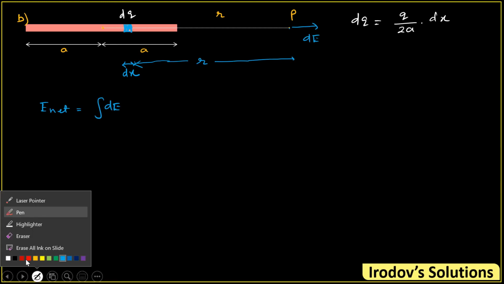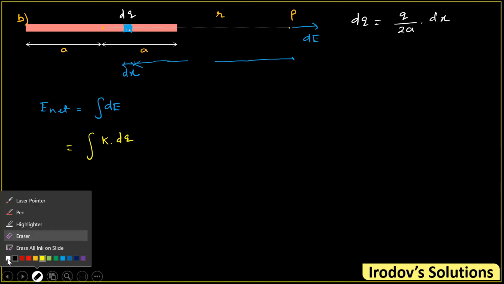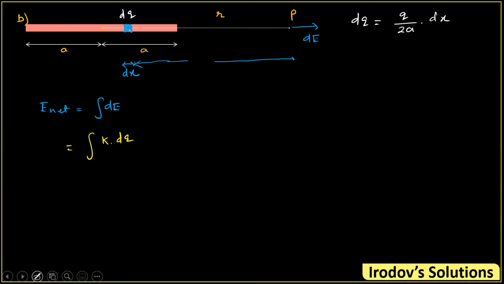And what is dE? dE is equal to K dq divided by, let me not write this, r is another value. This is x. So dq, this is x, and so this is dq by x square. So put the value of everything: k is 1 over 4 pi epsilon naught, dq is q by 2a, and then there's dx and x square.